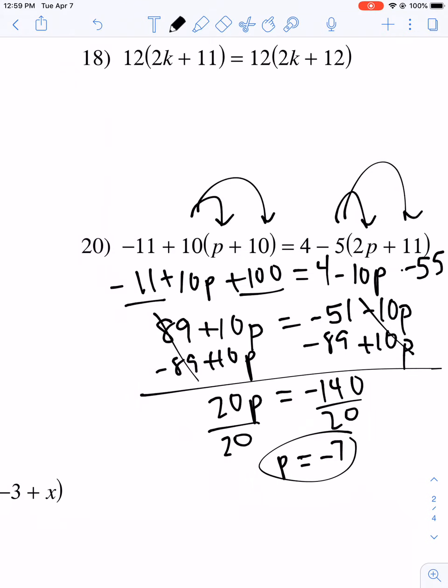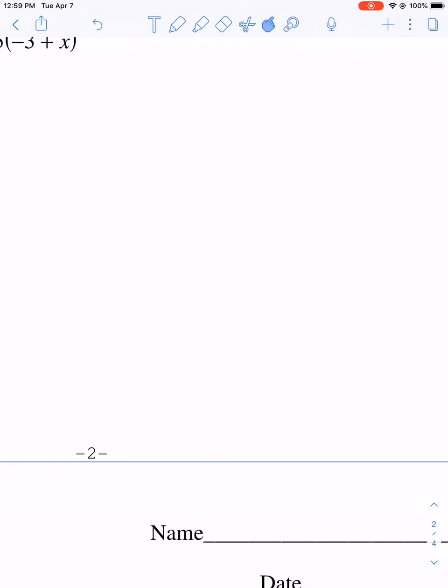All right. Well, that's really all I wanted to talk to you about. One other thing to keep in mind. Don't forget that if we get rid of all the variables, so just for example, let's say I had 3p plus 5 equals 3p minus 7.